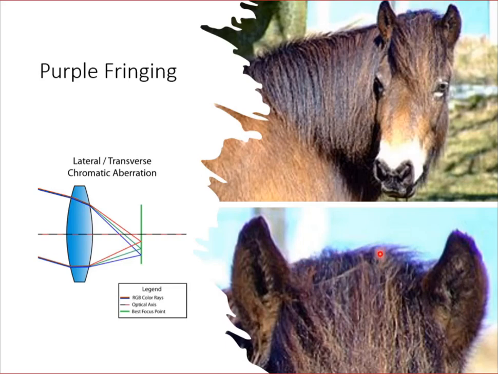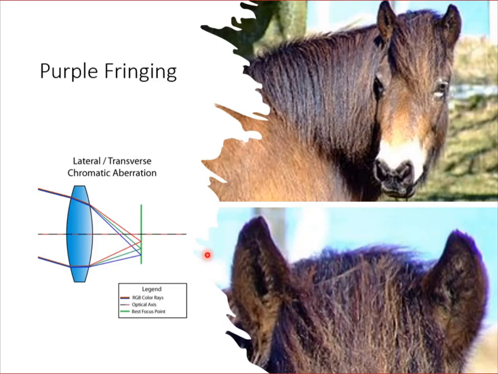In this example, for the horse, take a look at this area. You will see there is a purple fringe. That's because the background of the horse is the sky, and there is a lot of light emitted from there, while the head of the horse is a dark region.